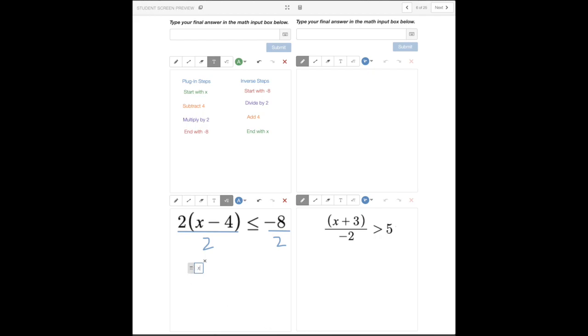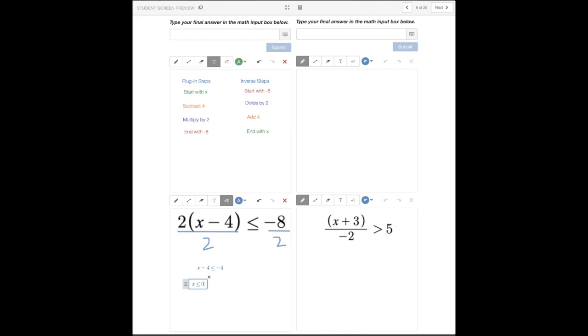So I'm left with x minus 4 on this side, less than or equal to negative 4. And notice I didn't divide by a negative number, so I can keep the inequality the same. So I'm going to keep the less than or equal to. Then I'm going to add 4 to both sides. And when I do that, I get x is less than or equal to 0, because negative 4 plus 4 is 0.